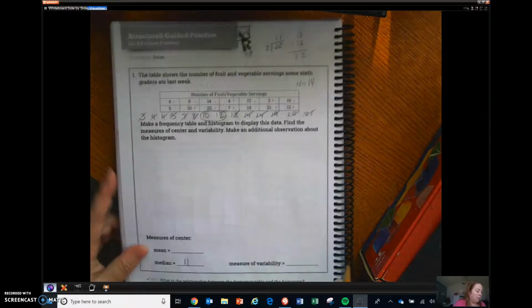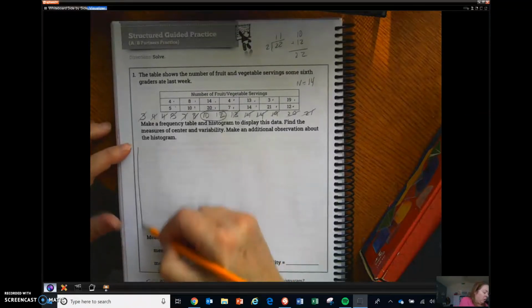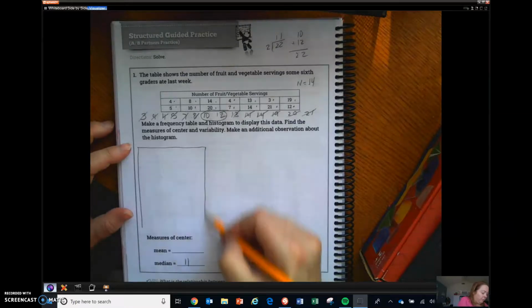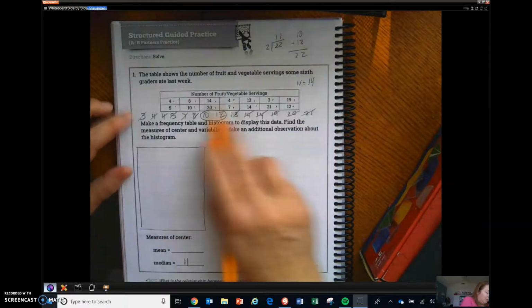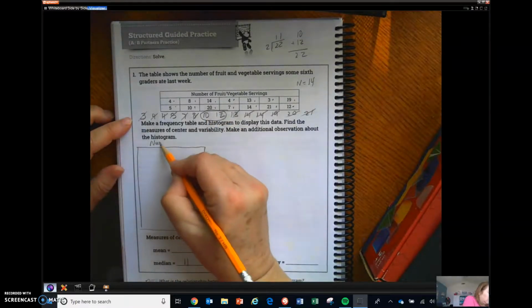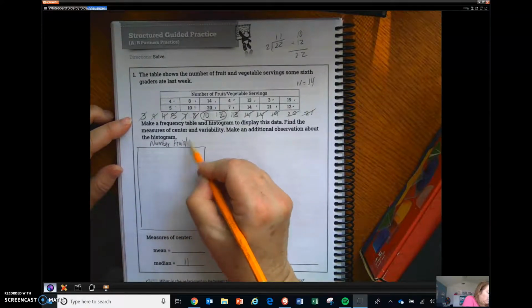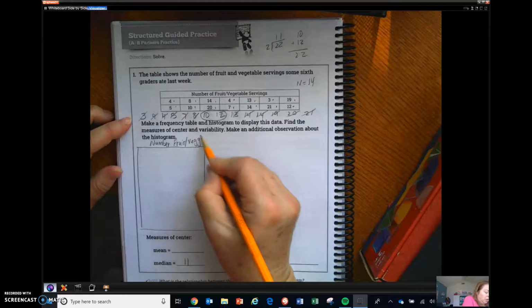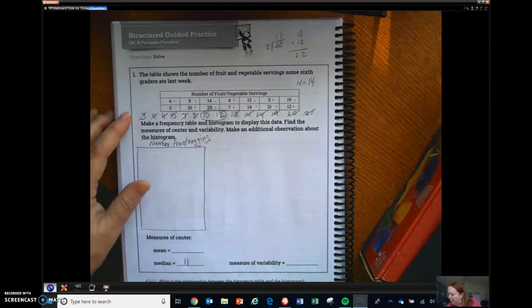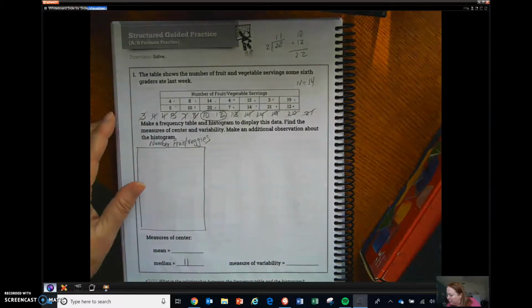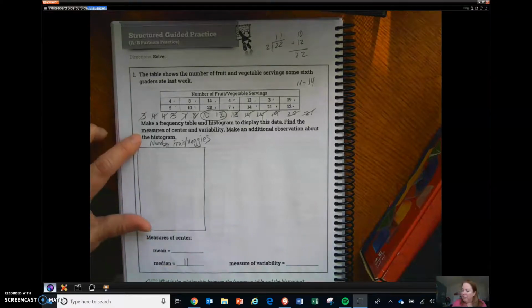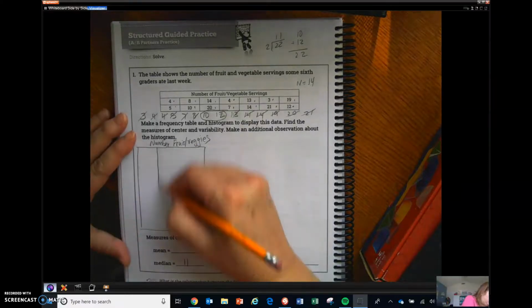So now what I want you to do is go ahead and make your frequency table. This is number of fruits, veggies, and I'll help you set it up. You're going to have the number, the tally, and the frequency.